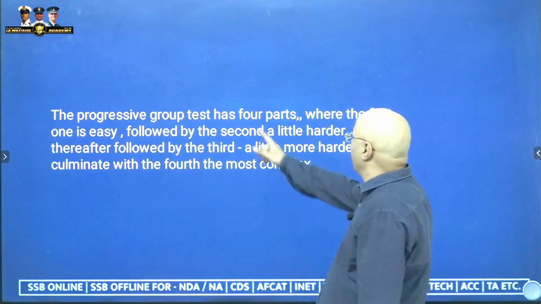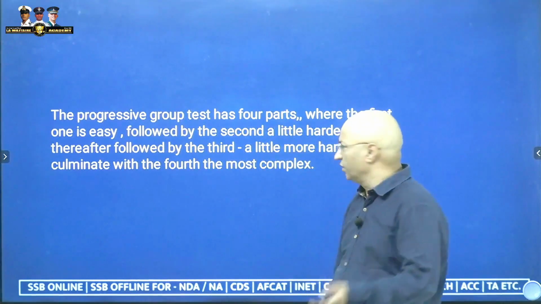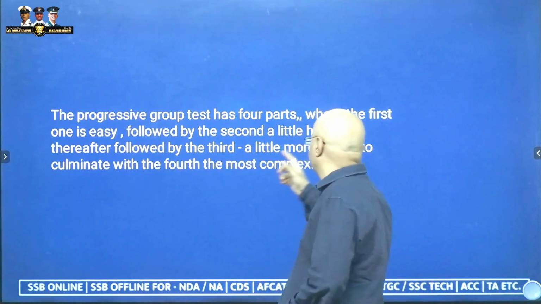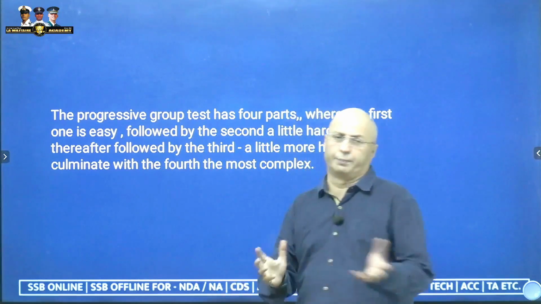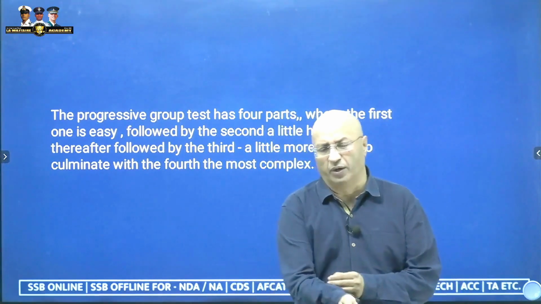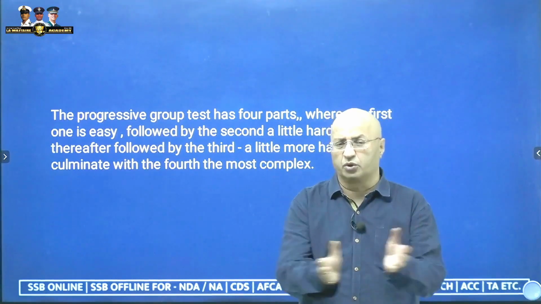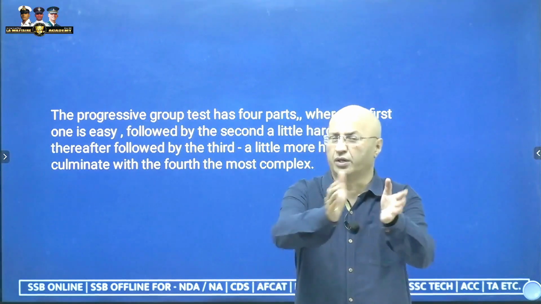The progressive task has 4 parts, I've told you that. Where the first one is easy, followed by the second a little harder, thereafter followed by the third a little more harder, to culminate with the fourth, the most complex. Now what do you mean by complex? In one task, it will be one simple application and you'll go across. In the second, there will be more complication. You'll have to use one more structure, the other structure, and then go across.